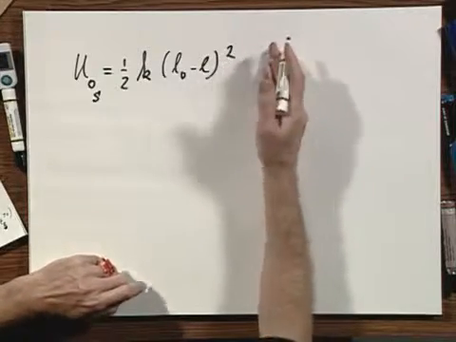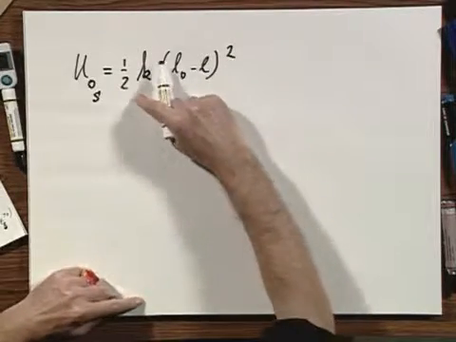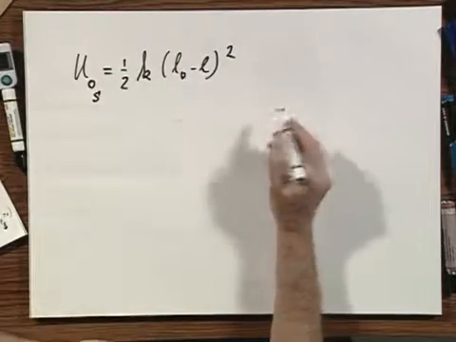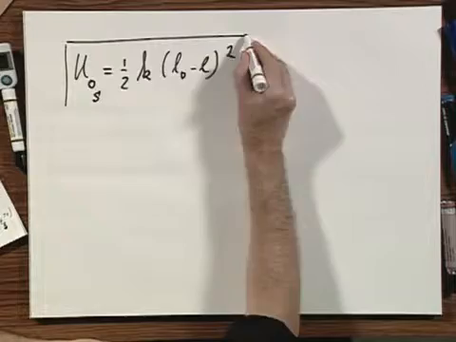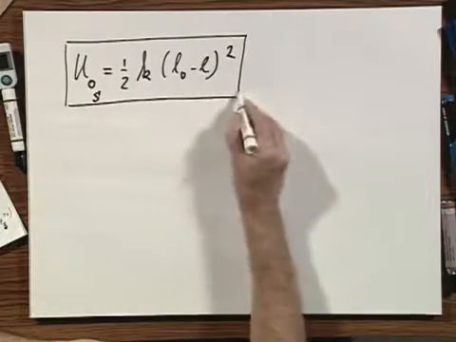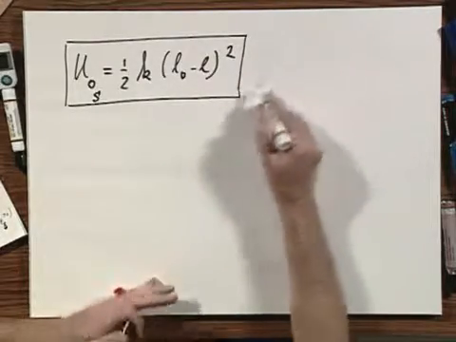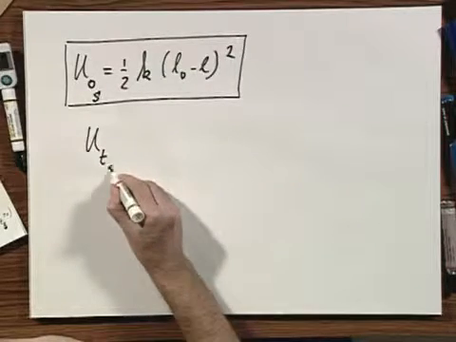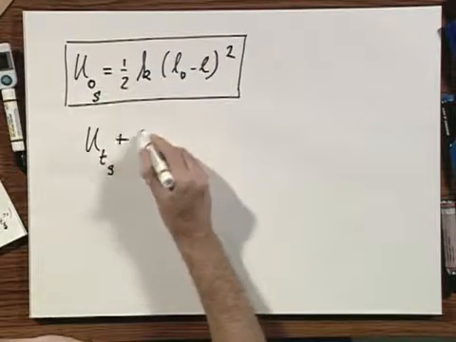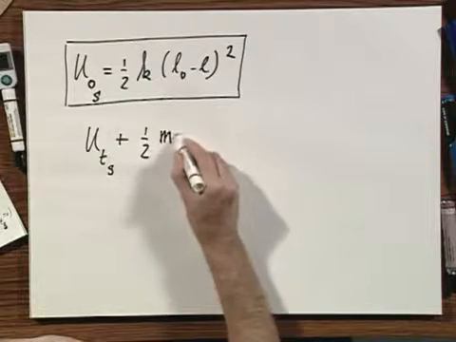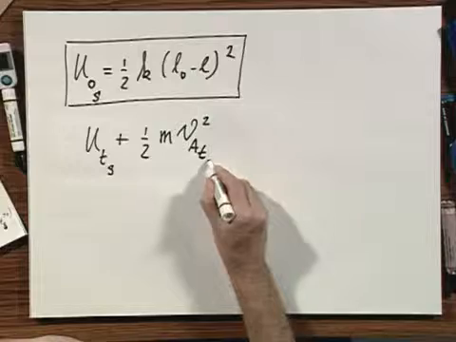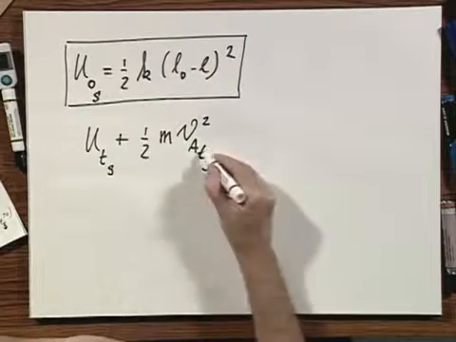So at any moment in time after this, because I squeeze it in and then I let it go, this is the total energy in the system, which is partially kinetic and partially potential. Here is the potential part at any moment in time, and here is the kinetic energy of A as a function of time.